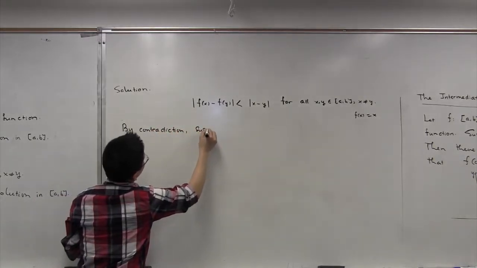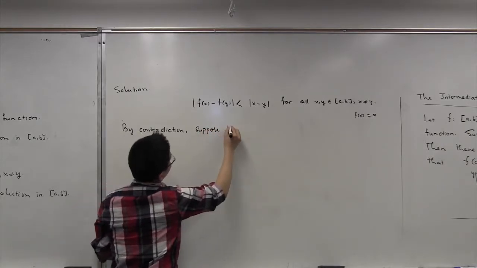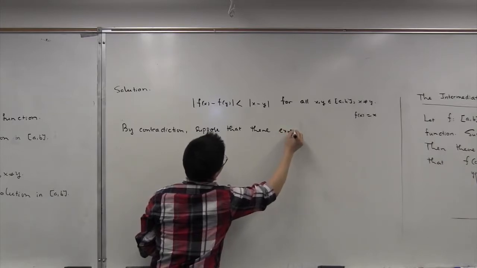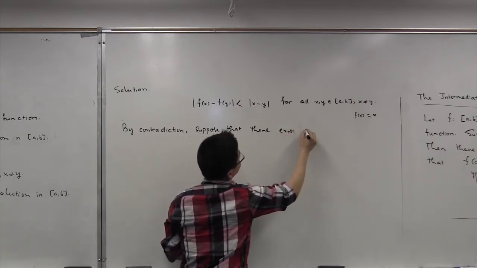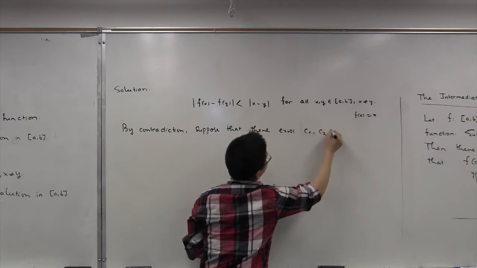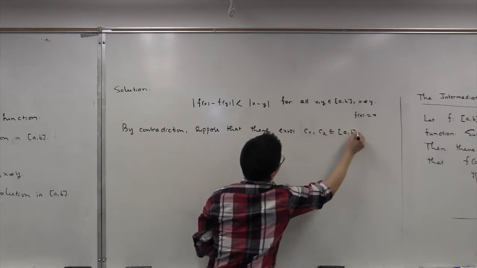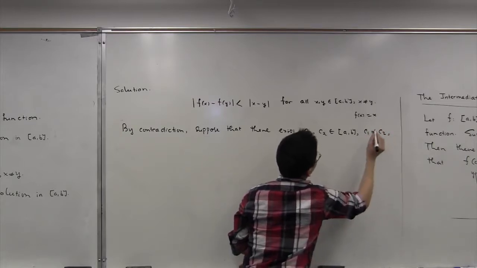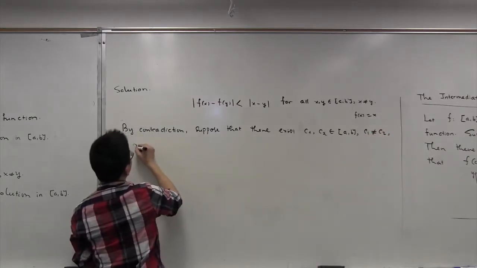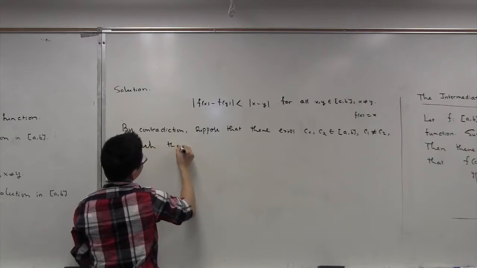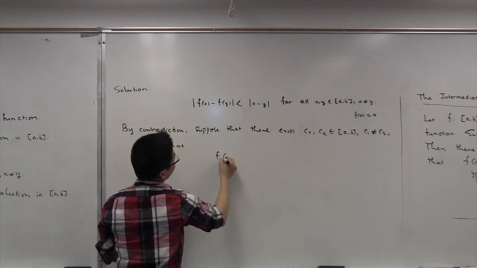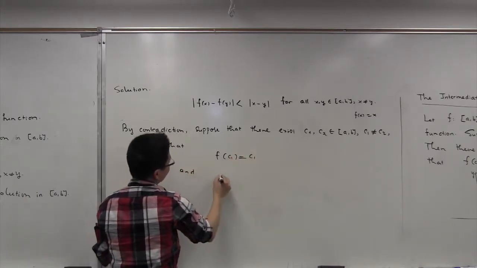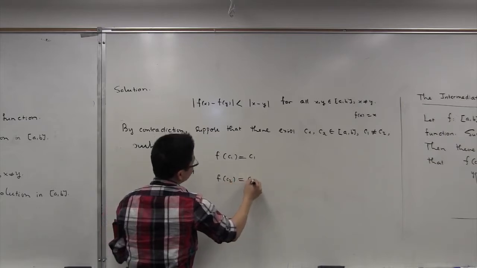Okay, so by contradiction, suppose that there exist C1 and C2 in the interval AB, where C1 is not equal to C2, such that f of C1 is equal to C1 and f of C2 is equal to C2.